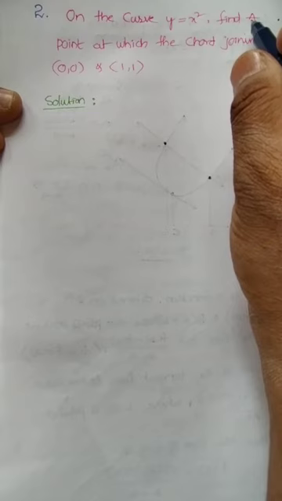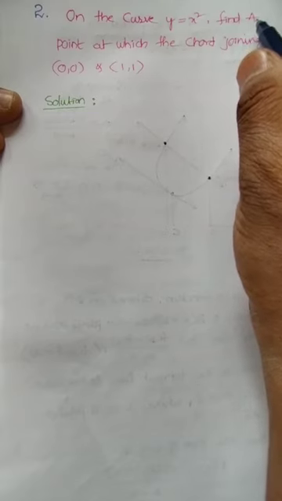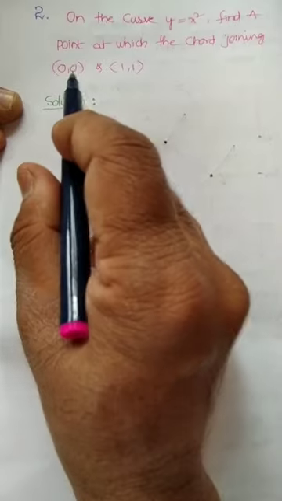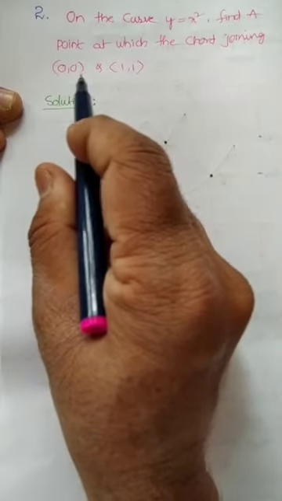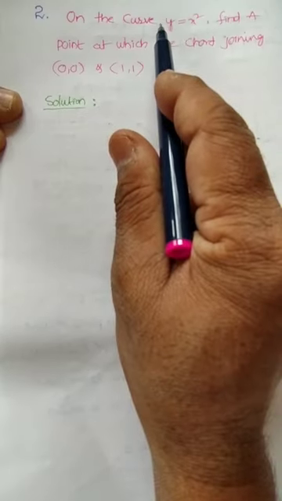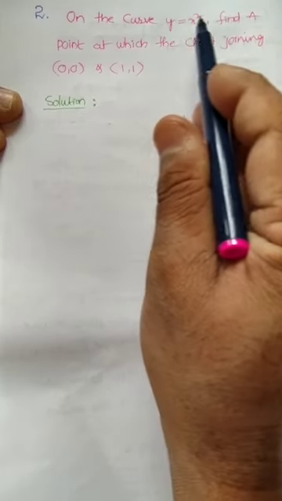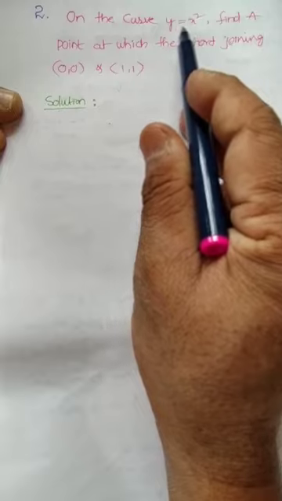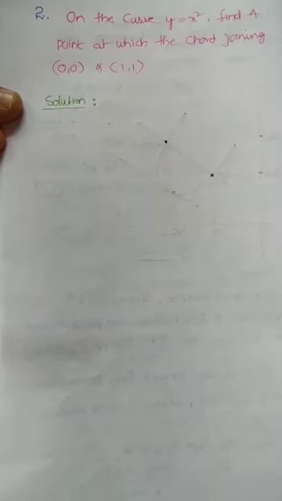We need to find the point C, as we explained in the geometrical interpretation of the Lagrange's theorem. The chord joining must be parallel to the tangent line drawn at the point C to the curve y is equals to x square. So we have to find the point C here.